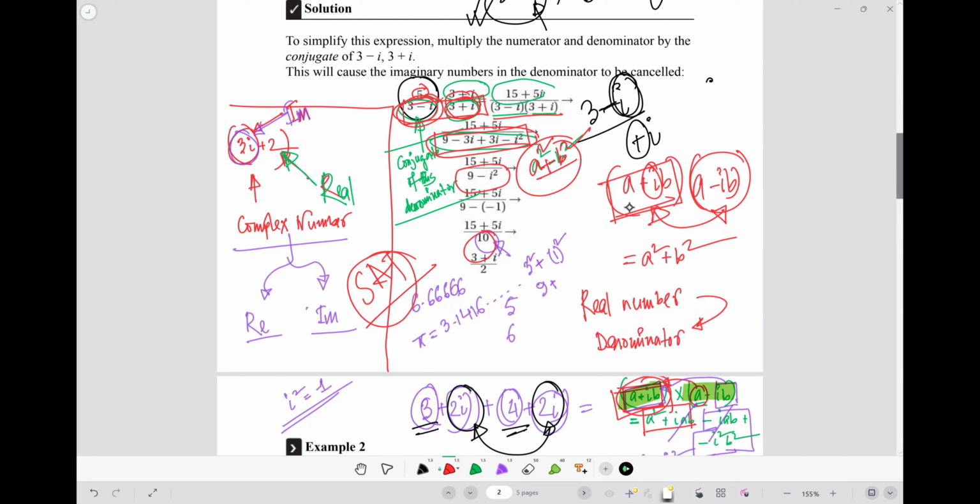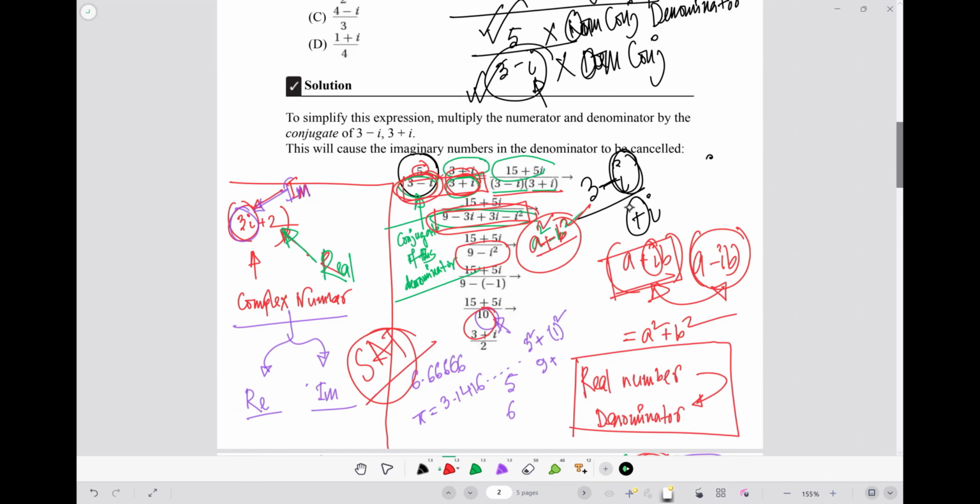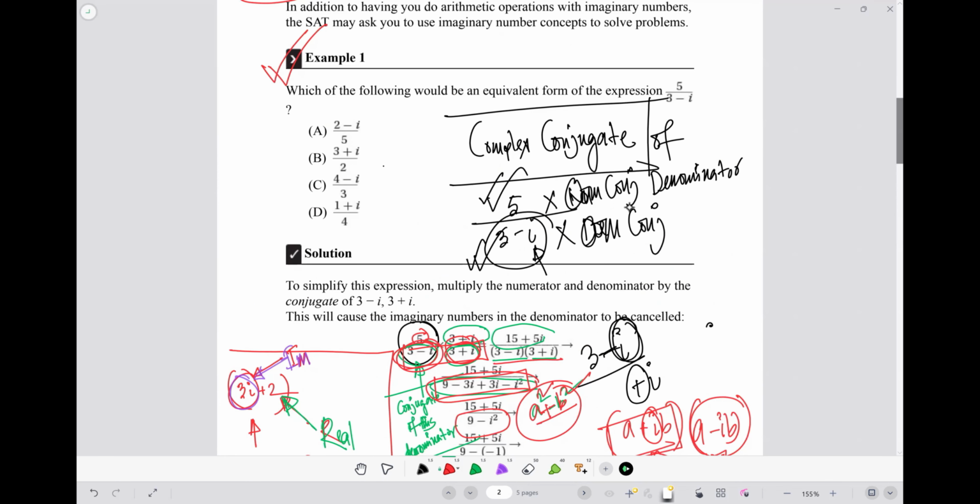Do you understand what I'm talking about? That's why we multiply the conjugate with the denominator and the numerator, because we're not interested in keeping any complex number in the denominator.